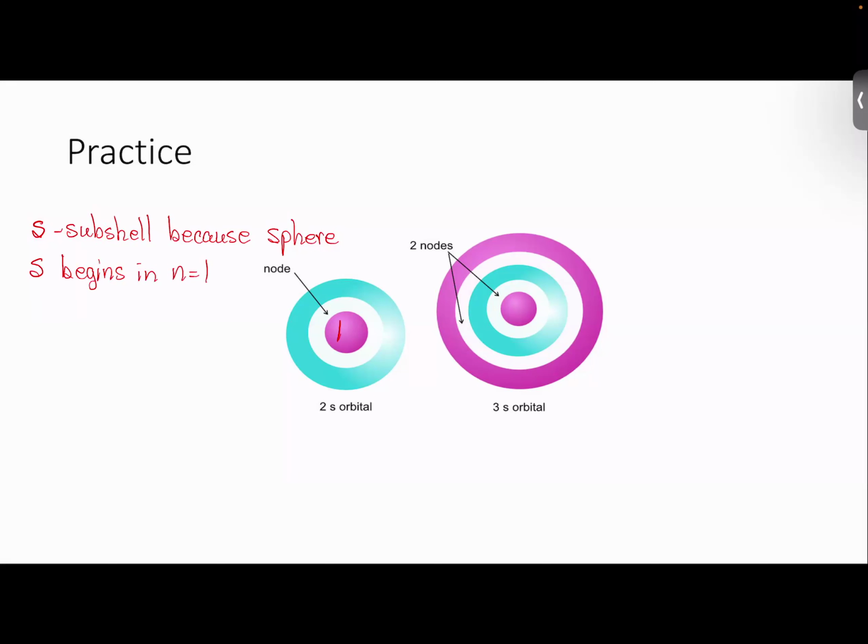So this pink dot represented the 1s, and the next one out represents the 2s. So I am looking at a 2s subshell, where the 2 tells me the n value and the s tells me the L value, specifically that L is equal to 0.